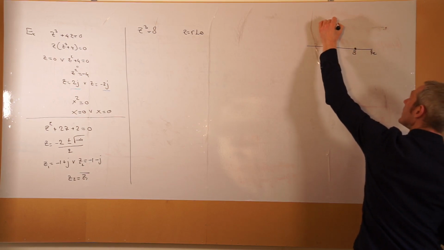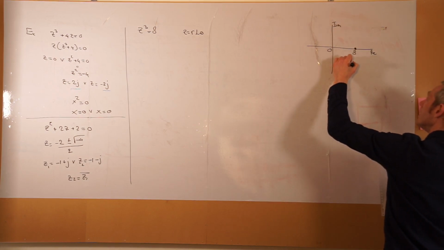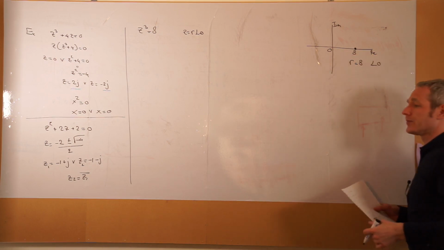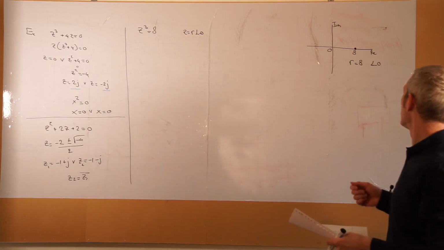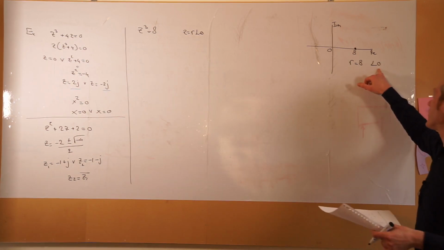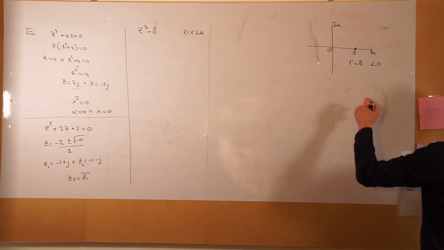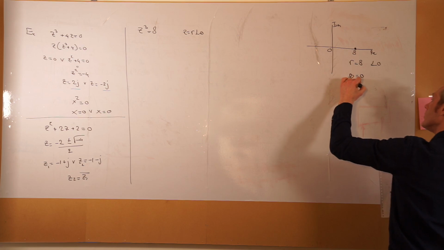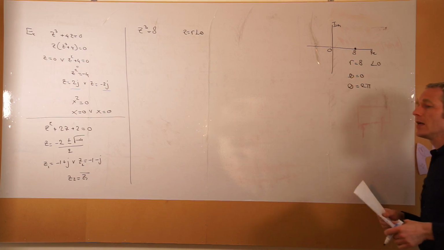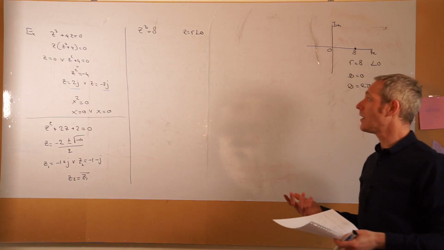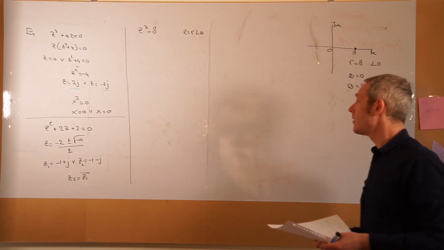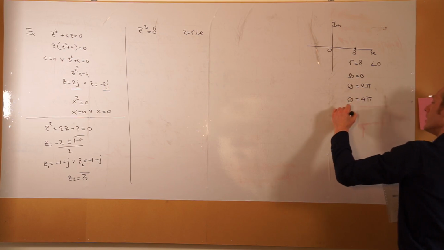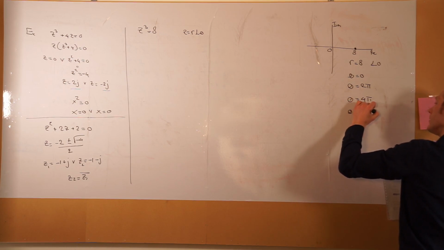So the real axis and the imaginary axis, so it has modulus of 8 and an angle equal to 0. But that angle, we write 0 for it, but we could also write it differently. So we have theta 0, but we could also add 2 pi, because the cosine and sine functions are periodic. We could also add 4 pi or 6 pi.